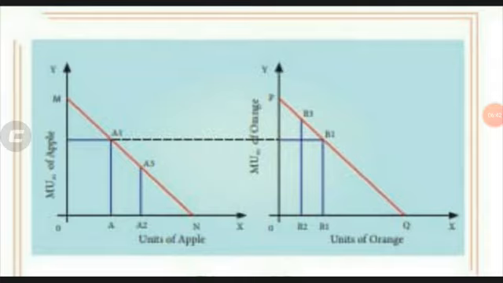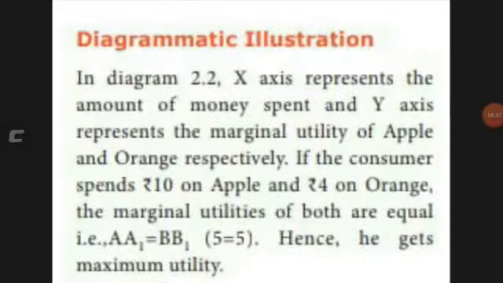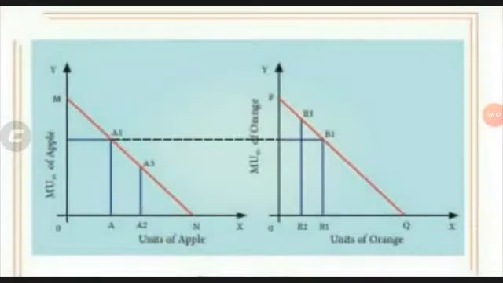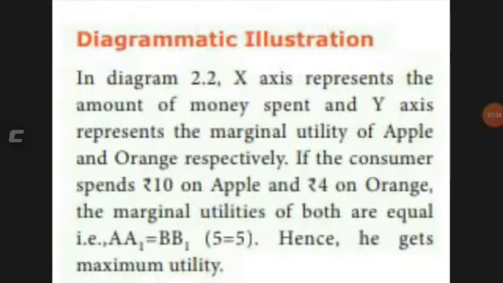There only he gets maximum satisfaction. That's why 5 is equal to 5. Refer to the table and see the diagram. This is the point where both apple and orange are bought with the income and he gets maximum satisfaction from both commodities.